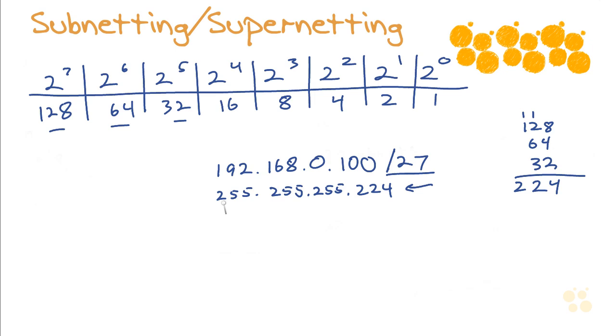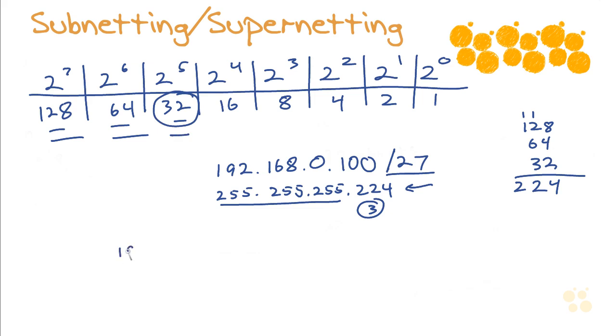Notice the default mask is the 24 bits. We're going 3 bits into that last octet for the subnetting. So it's 1, 2, 3 deep we're going in. This number 32 becomes our magic number, if you will, and this is how the subnets are numbered.